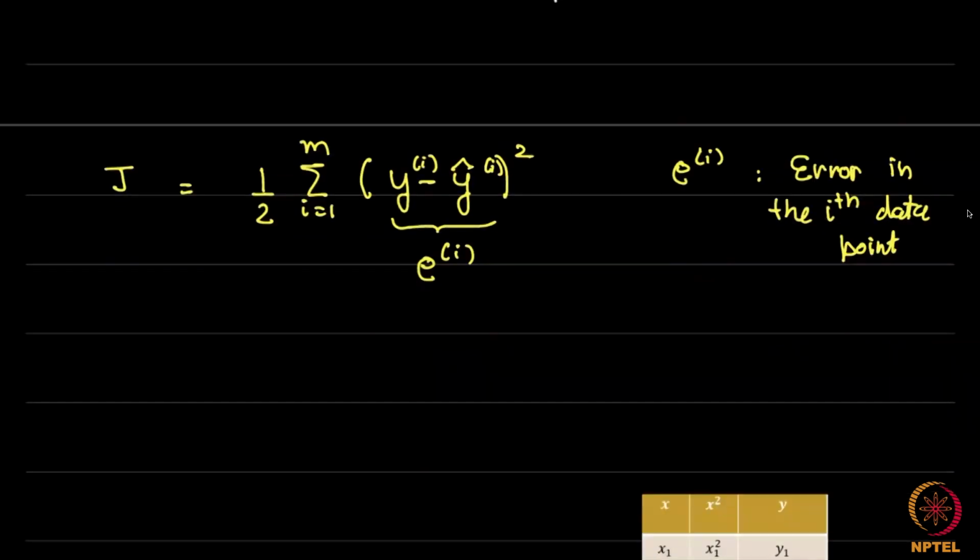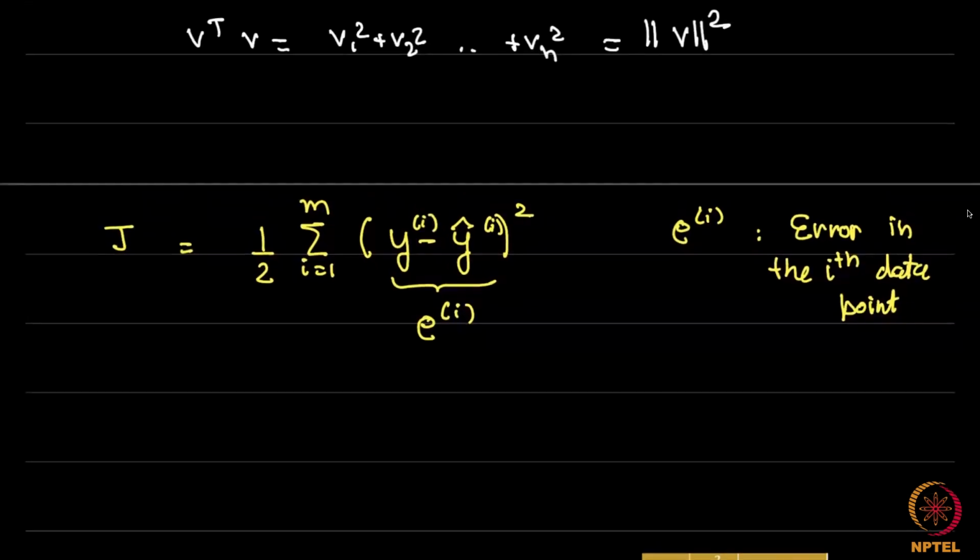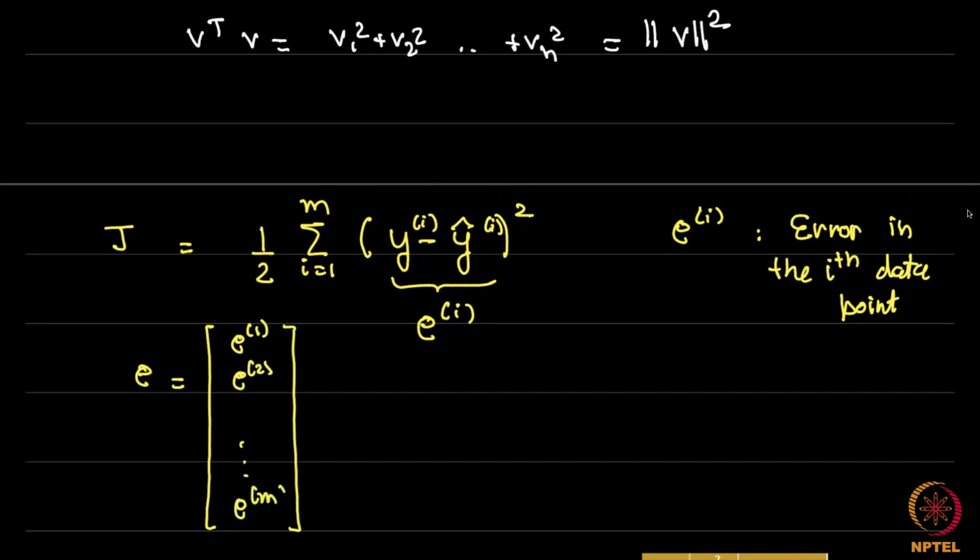Now, of course, E itself is a vector: E1, E2, up until EM. So it's an M cross 1 vector.